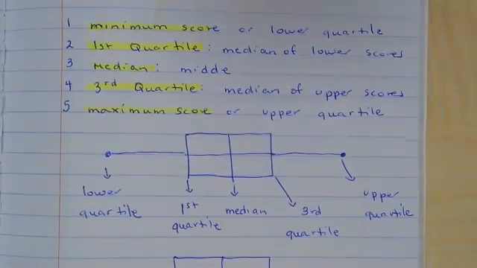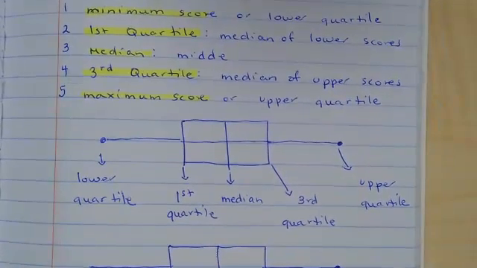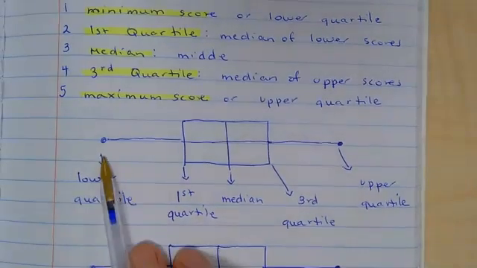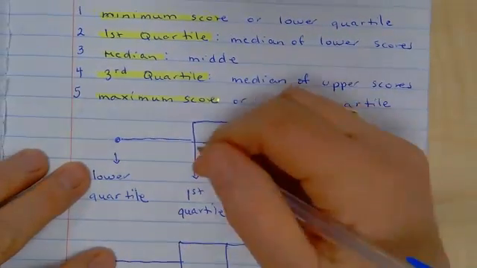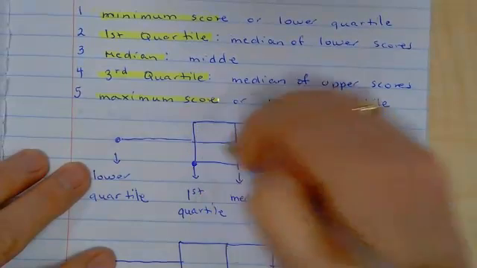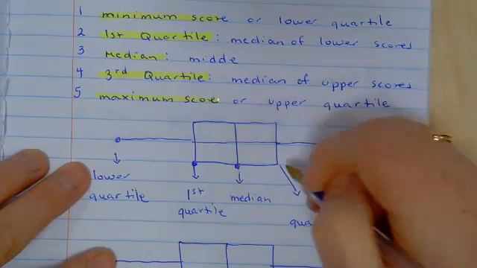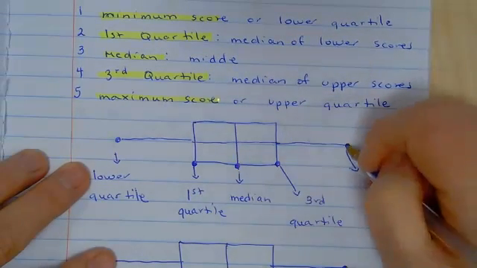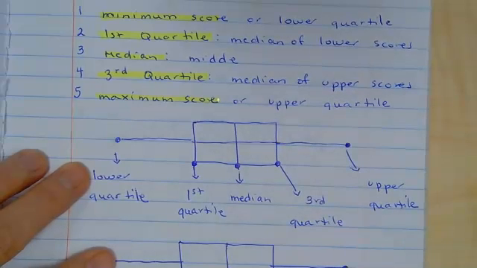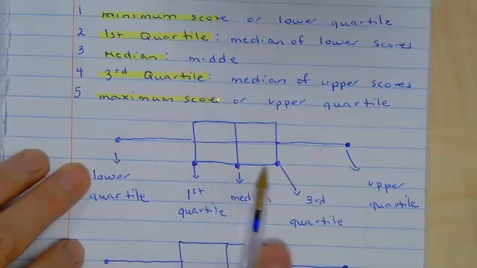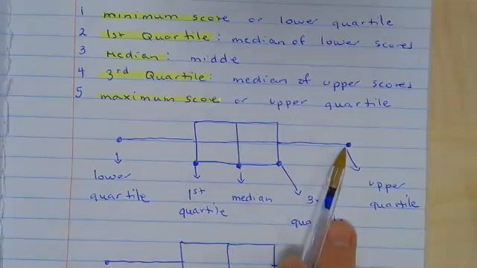Here's a drawing of what those data points look like and where they're located. The minimum score, here's the first quartile, the middle, the third quartile, and then the highest score, the upper score. 1, 2, 3, 4, 5 data points.